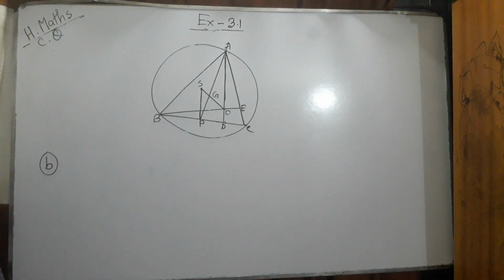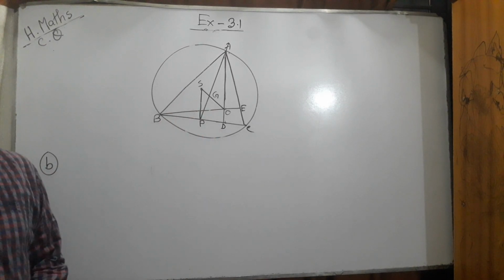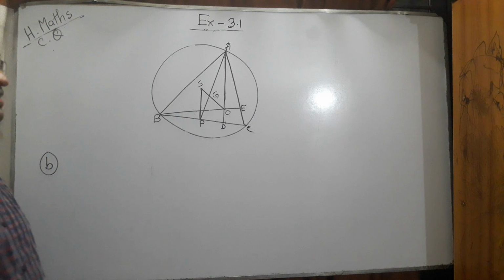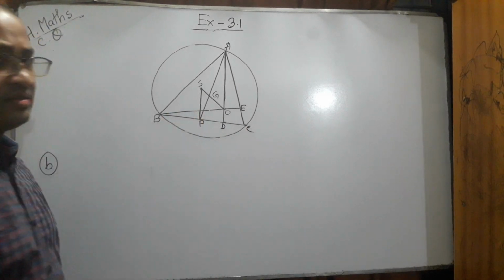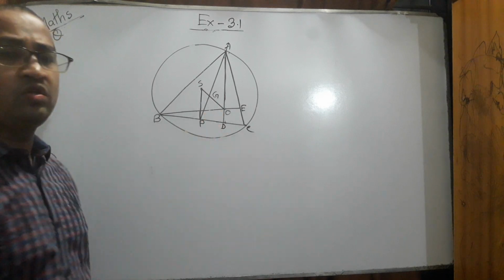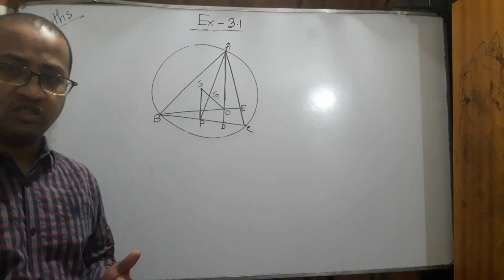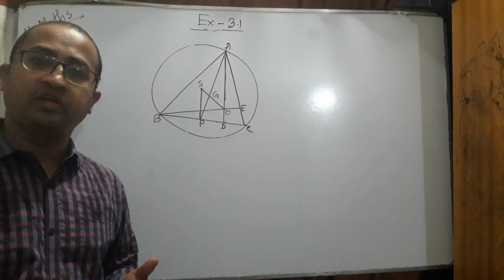Now question number B. It was to prove that S, G, O are collinear. Here S is the circumcenter, G is the centroid and O is the orthocenter. That means circumcenter, orthocenter and centroid are collinear.